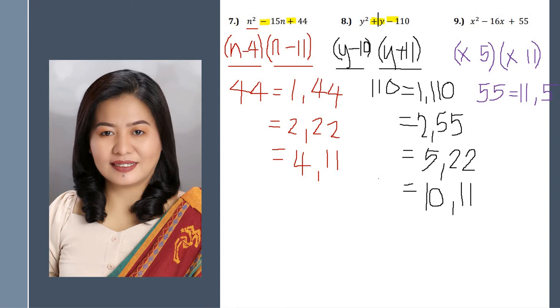Our third term is positive, so we are sure that we will have the same operation, but the middle term is negative, so we will be following that one. Negative and negative. Negative 5 plus negative 11 gives us negative 16, while negative 5 times negative 11 gives you positive 55.